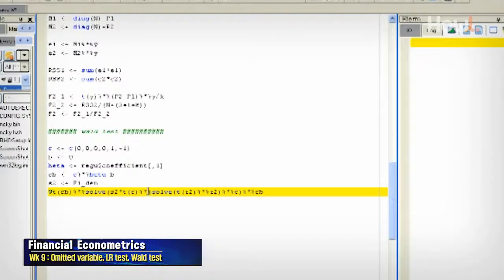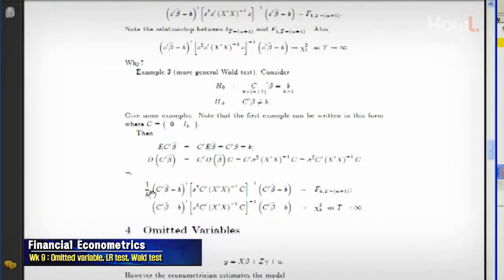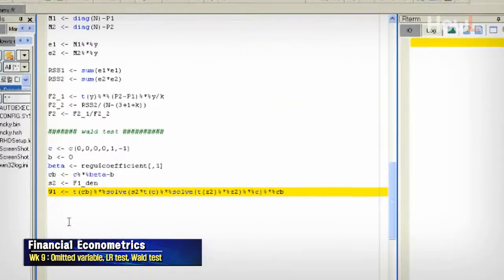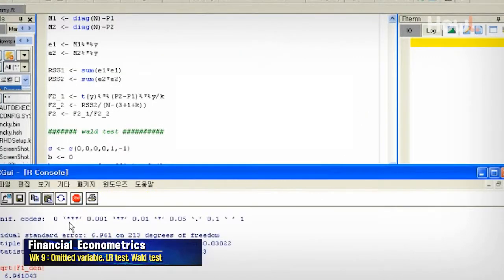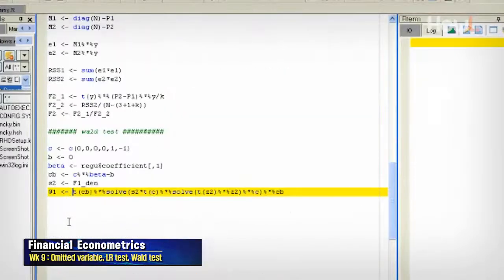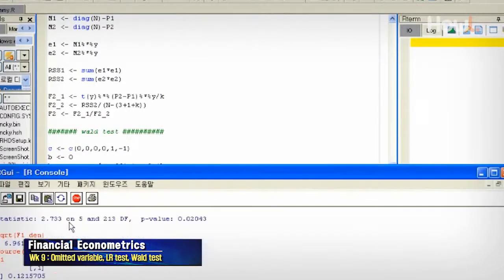This is the Wald statistic W1. Of course, I have to divide this by k, but actually k is just 1 with 1 restriction, so I think this is fine. So let's run the program. If we get W1, it looks like this, about 0.12.